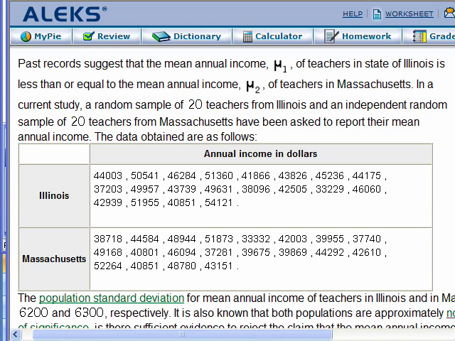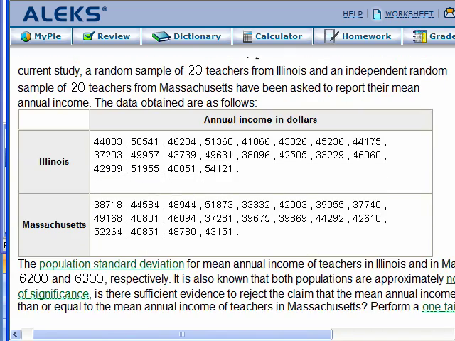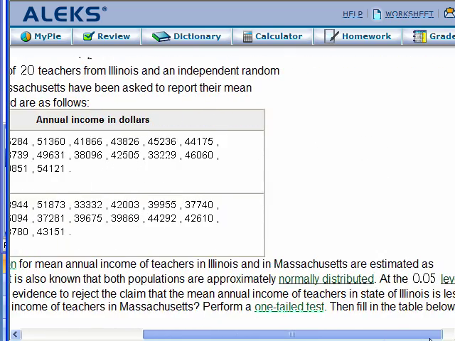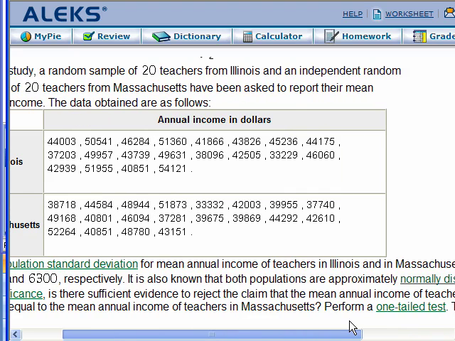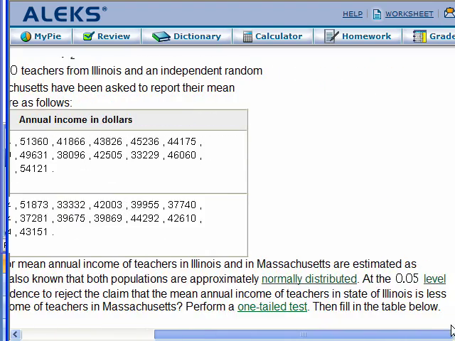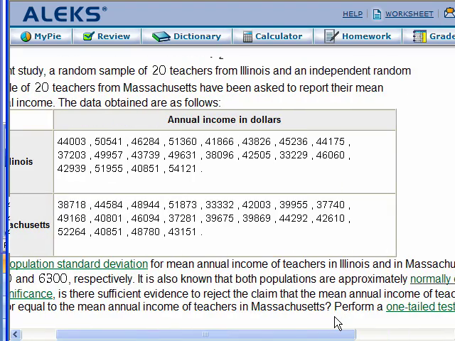It's also known that both populations are approximately normal, and then we're going to test this at, I believe, the 0.05 level of significance. Perform the one-tailed test to see if there's sufficient evidence to reject the claim that the mean annual income in the state of Illinois is less than or equal to the mean annual income of teachers in Massachusetts. So they've really given us one mathematical statement, mu1 less than or equal to mu2.